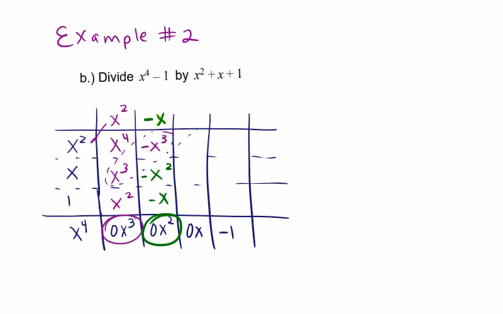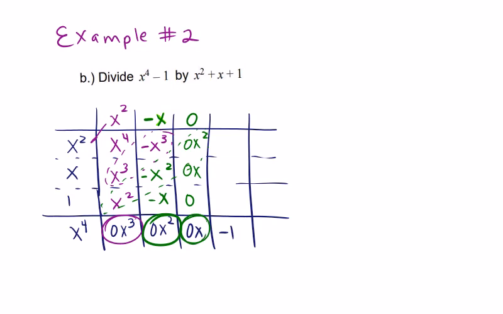And now we need 0x squared. Well, if we go along this diagonal, this is going to get us 0x squared because we already have that in there. Now I'm going to put a placeholder there of 0 to get our 0x squared, to see what our remainder is, because we still need our final remainder. So we're going to get 0x and then 0.